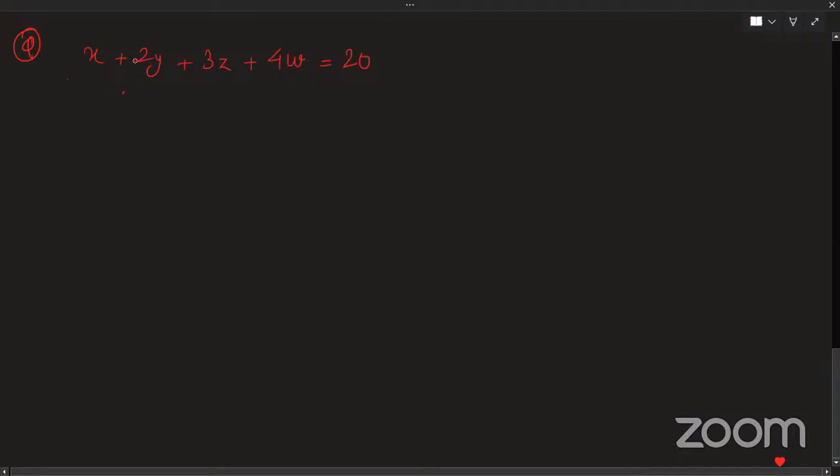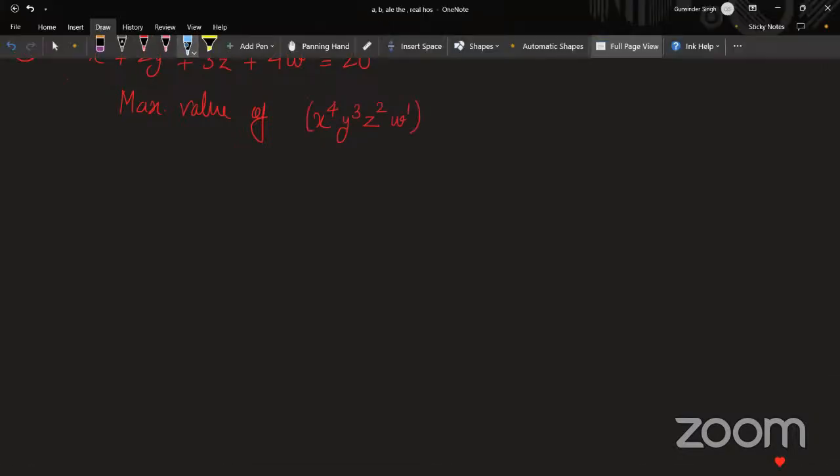And now I have to tell the maximum value of x power 4 multiplied by y power 3 multiplied by z power 2 multiplied by w power 1. Everyone has understood the question?